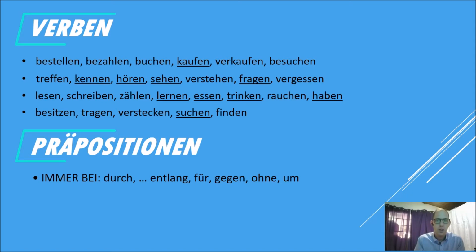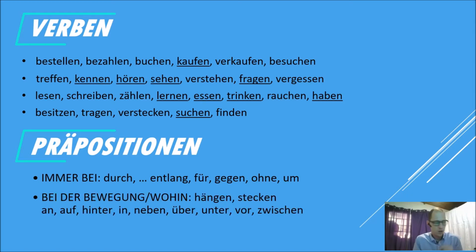Next, we have a few other prepositions, and here we have to be aware, because with these prepositions the accusative is shared with the dative, another German case we will see in the next video.